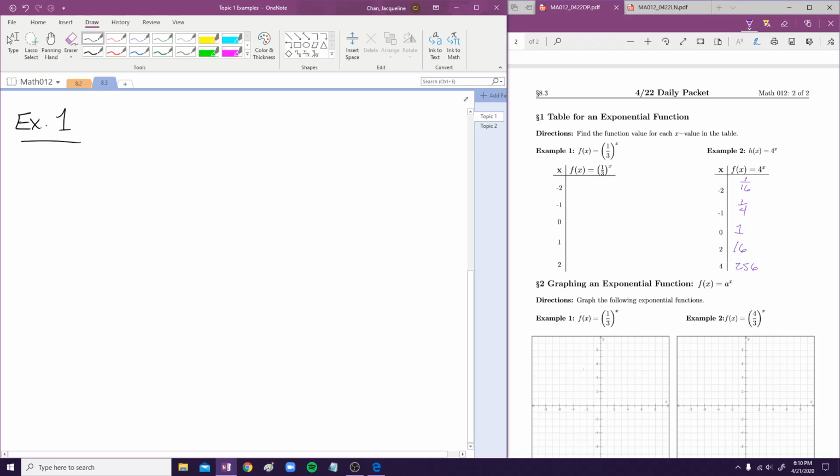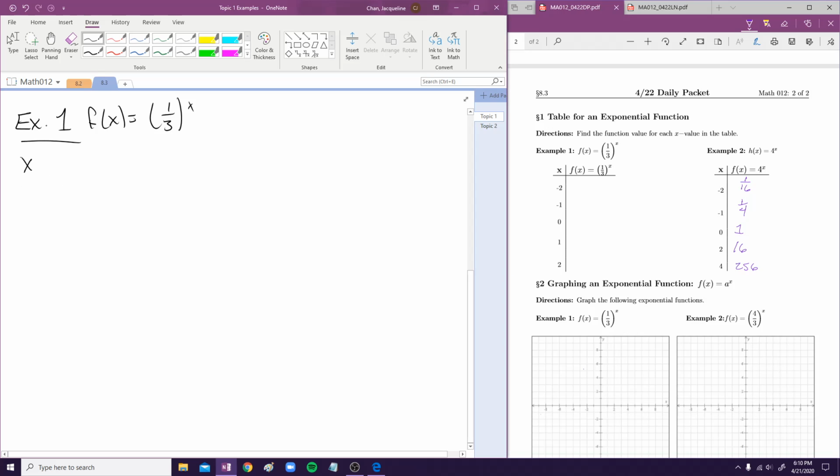Now let's do example 1. We're given f of x is equal to (1/3) to the x. Since I'm filling it out on the right, I'm going to solve for the values on OneNote, and then I'll write my final answer.